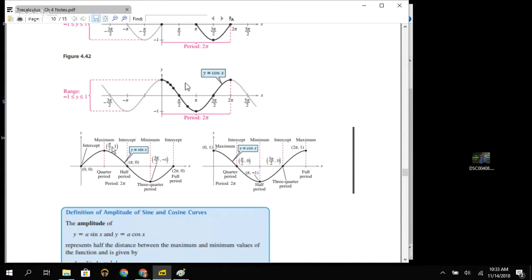So these words shouldn't be surprising. The spots at which we hit 0 are the intercepts. This is the maximum and minimum, right? And when you go through a full rotation of your sine curve, that's a full period.